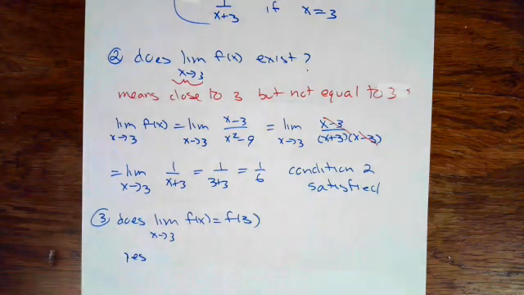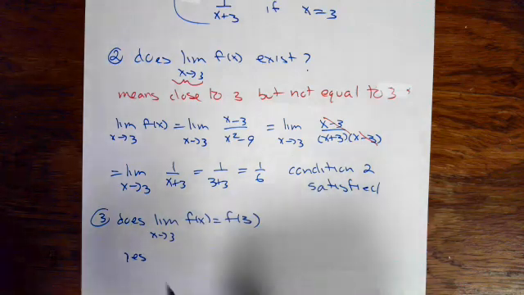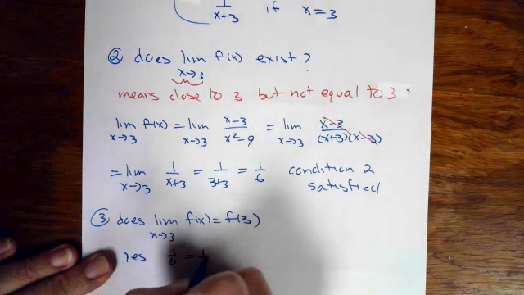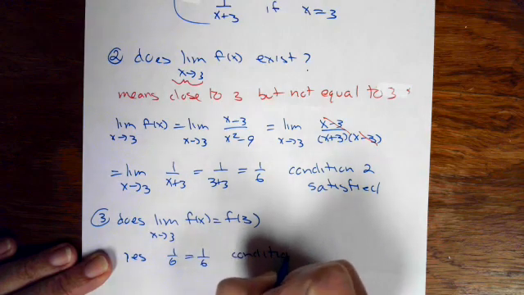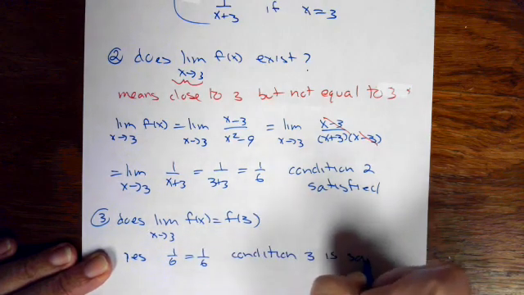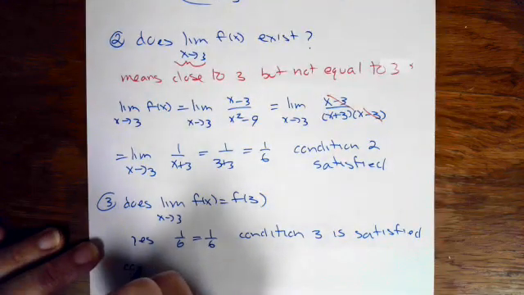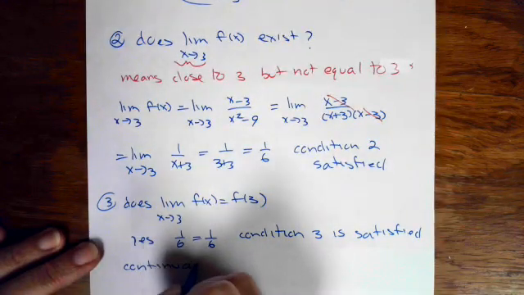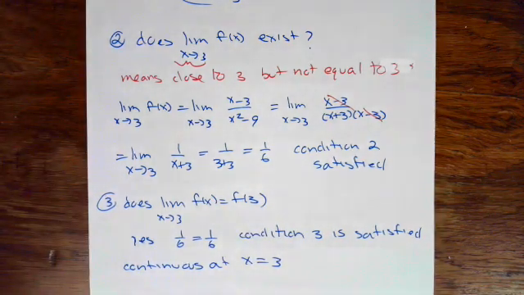The functional value was 1/6, the limit was 1/6, so 1/6 equals 1/6, so condition 3 is satisfied. And so it is continuous at x equals 3.